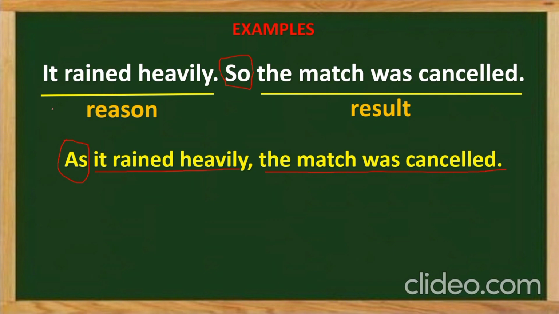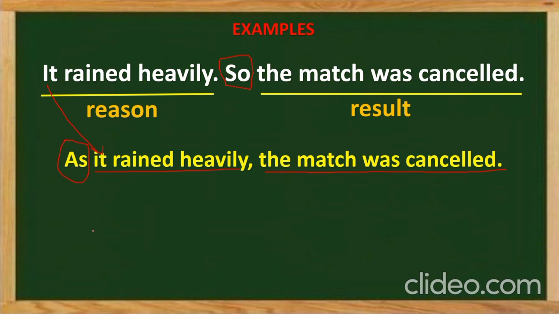And one more change we made is, this capital I we changed into a small i, and we removed this so, because so is not needed here. The meaning of so is conveyed with the word as. So we removed so here and we wrote the result here.